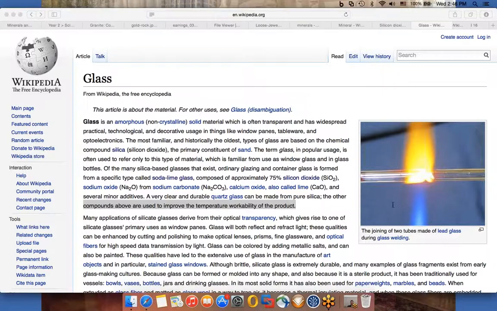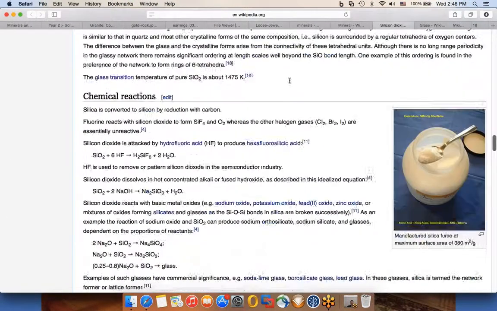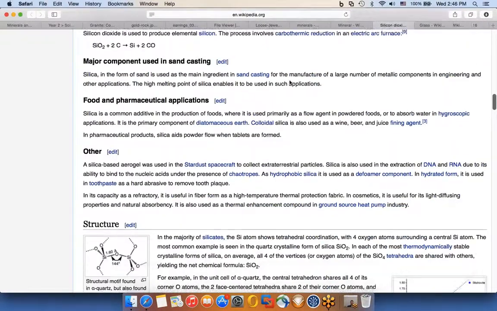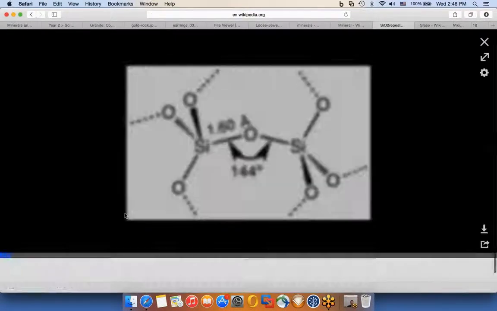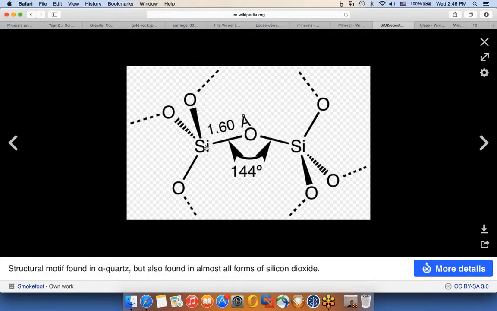The silicon dioxide, the silica, has this structure that is represented here, where you have the silicon atom at a specific angle, direction and strength with oxygen, and they are very strong in the covalent bonding that it has.